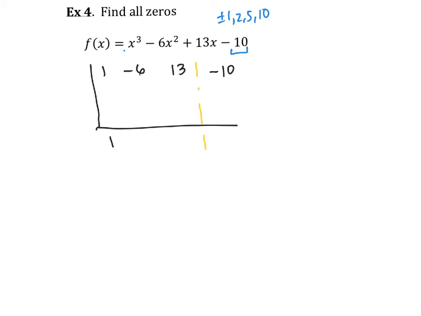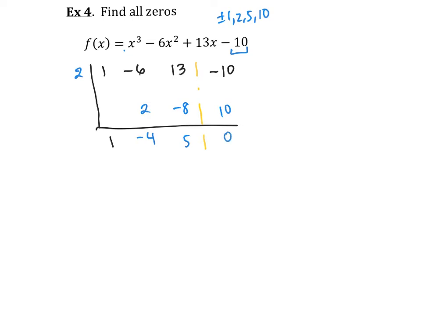Now one of those factors should work, otherwise there are no real zeros to this at all. I know 1 doesn't work because I just plugged it in my head, so I'm going to try 2. Okay, good, 2 worked.